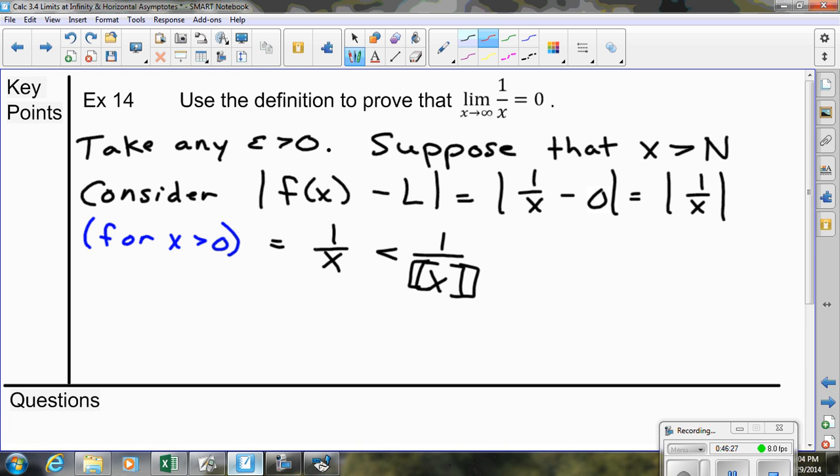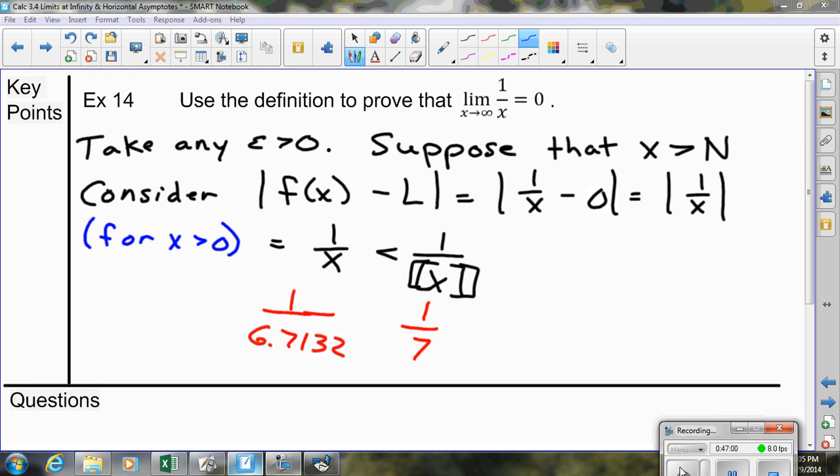If we had a number that's like 1 over 6.7132, if we rounded 6.7132 up to the next greatest integer, that would be 1 over 7. Well, we're dividing by a larger number. Whenever you divide by a larger number, you get something that's bigger. Or rather, you get something that's smaller. Using the greatest integer function in this way actually is going to give us greater than.